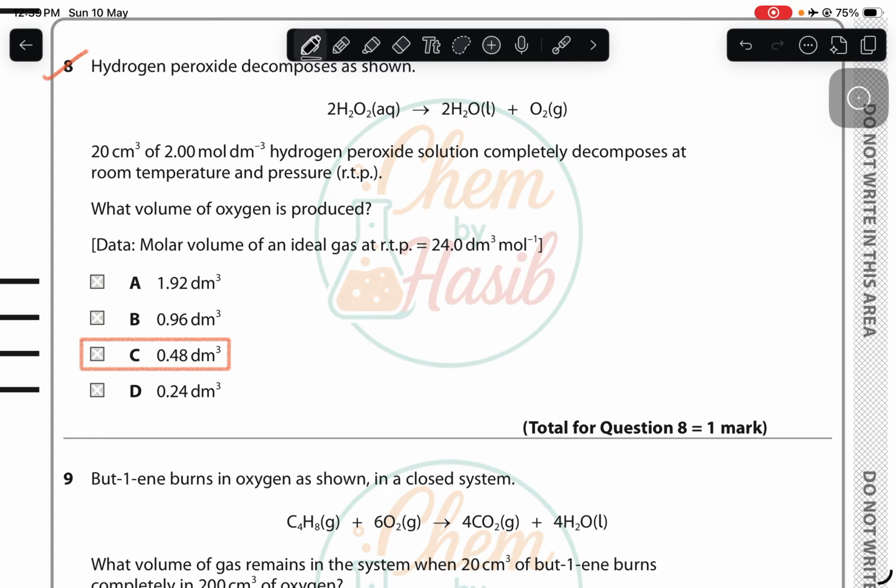So we find the moles of hydrogen peroxide, which is 2 into 20 into 10 to the power minus 3. Concentration multiplied by volume. So from here we get the number of moles, which is 0.04.